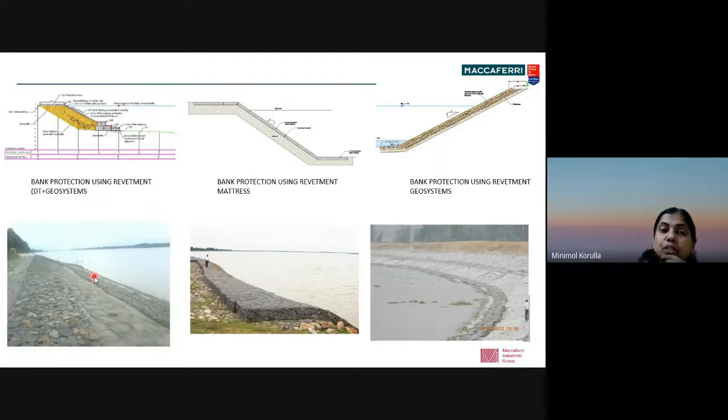Some of the protection methods we can see here. In this case, it is a Gabion mattress. I talked about the steel wire mesh mattress filled with stones that can be placed in the river bank. These can be designed as per the hydraulic velocity of the water and the tractive shear force, which is the erosive force coming.